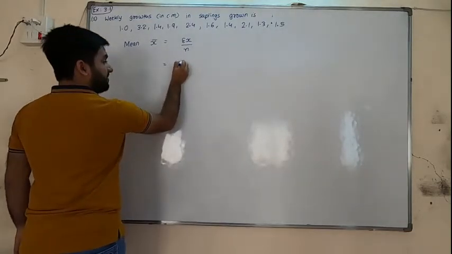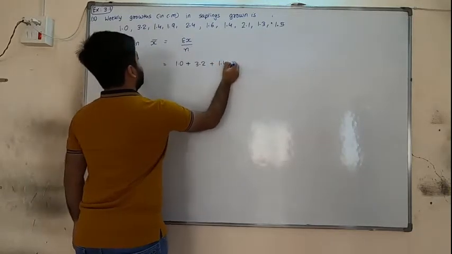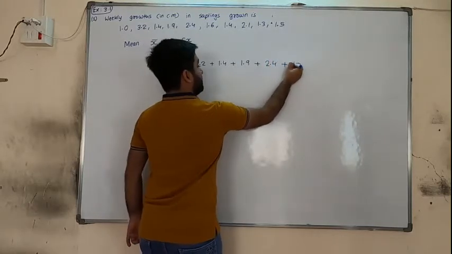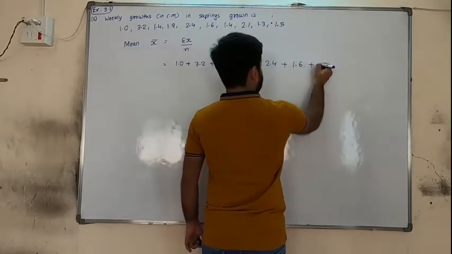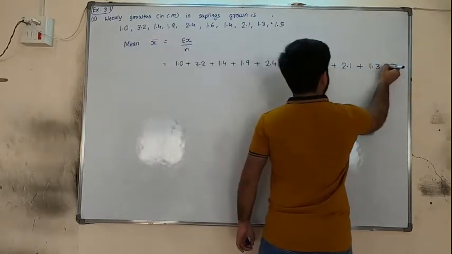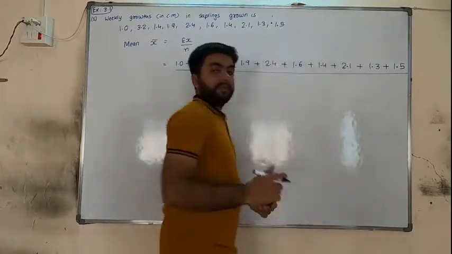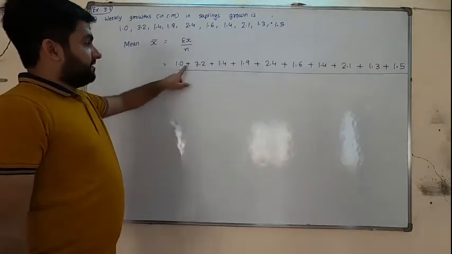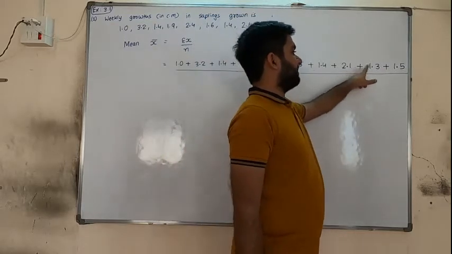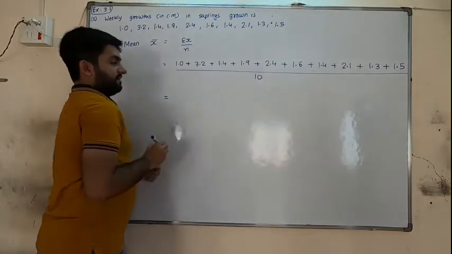Okay, as I am solving, everyone must solve 1.0 plus 3.2 plus 1.4 plus 1.9 plus 2.4 plus 1.6 plus 1.4 plus 2.1 plus 1.3 plus 1.5 divided by number of observations, 1, 2, 3, 4, 5, 6, 7, 8, 9, 10, divided by number of observations 10.